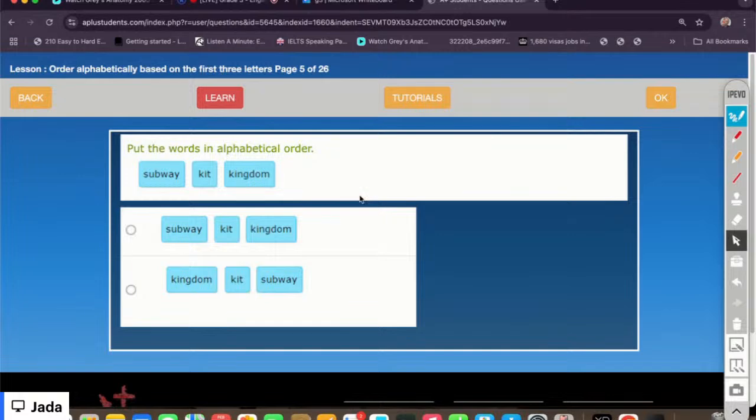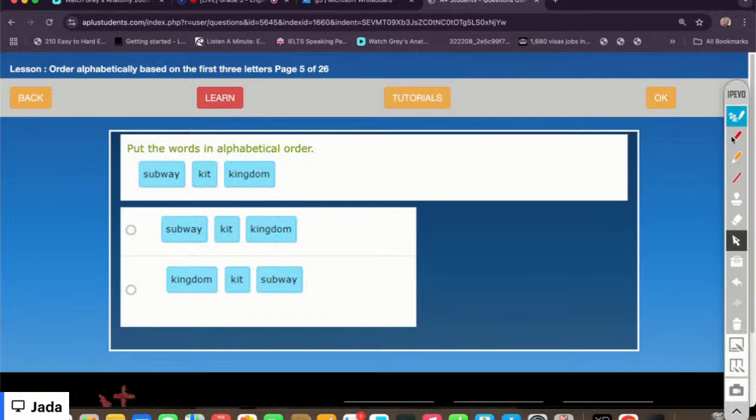We are looking at the first letter. If the first letter is the same, you have to look at the second letter. If the second letter is the same, you look at the third letter. So this particular test is alphabetical order using the first three letters. So the first two can be the same, so you have to make sure that you check the third one.